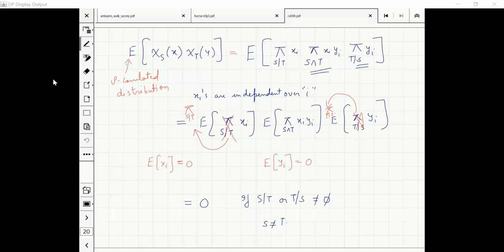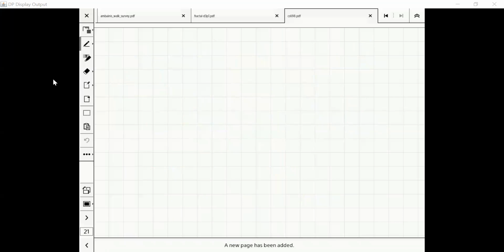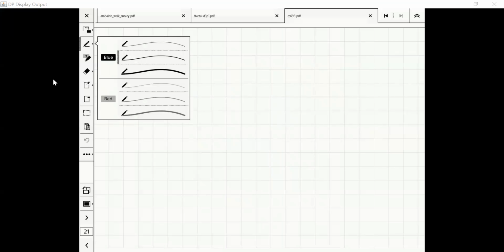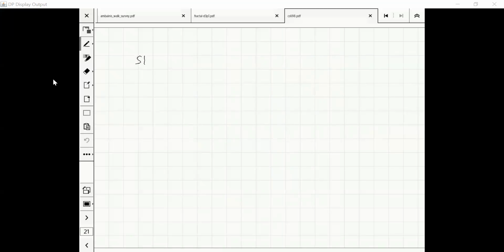Then we just apply my favorite theorem. What is my favorite theorem? No one wants to take a guess. Linearity of expectation.